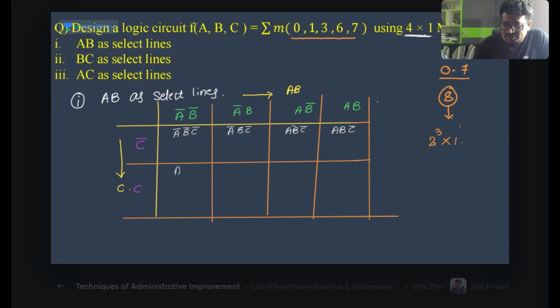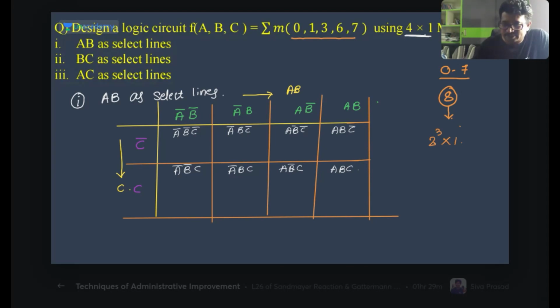And now here it is A bar, B bar, C, at the intersection of rows and columns. And this is A bar, B, C, and this is A, B bar, C, and this is A, B, C, isn't it?